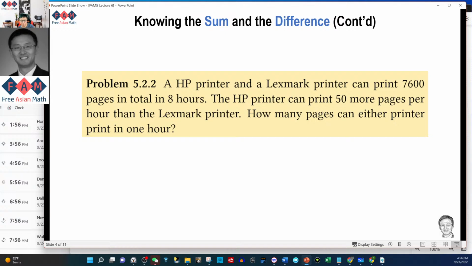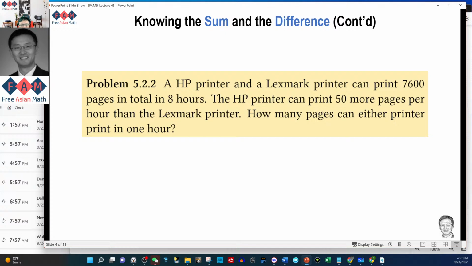Okay, so you have to read the problem carefully to make sure you understand what it asks you to do. We want to know the number of pages that either printer can print in 1 hour. And we have two conditions. One is that together they can print a certain number of pages in a certain amount of time.